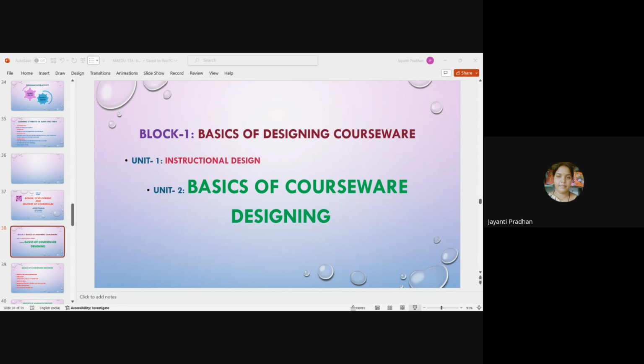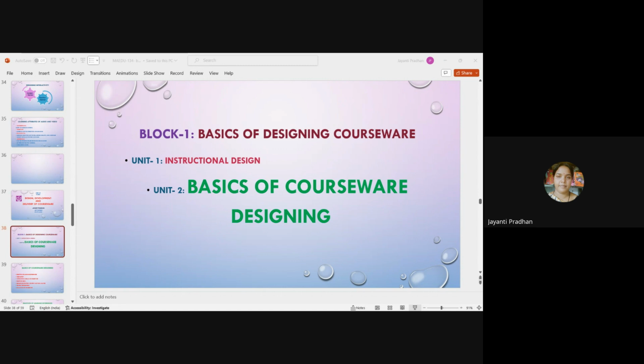Suppose I am discussing these points because these are there in your instructional material, the material which I am referring to. These points are there, so I'm focusing on that to get a clear clarity about the contents discussed in the material.